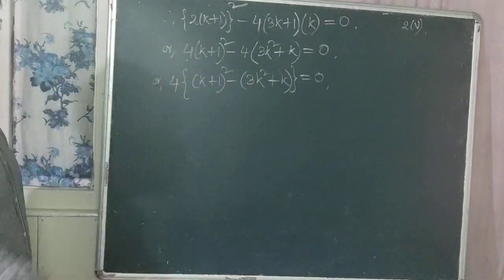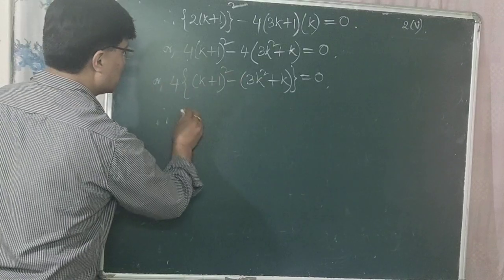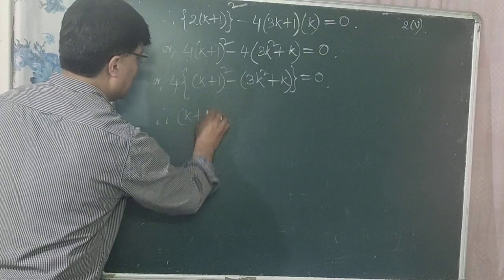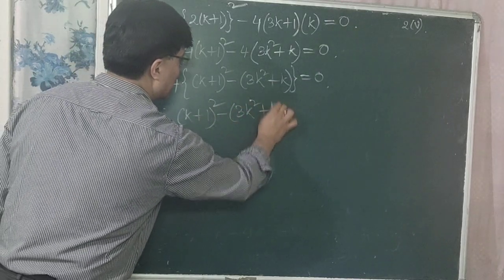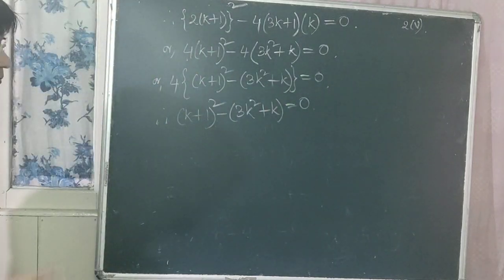Now since 4 is not equal to 0, you know that, therefore (k plus 1) whole square minus (3k square plus k) is equal to 0. Now let us simplify it again.